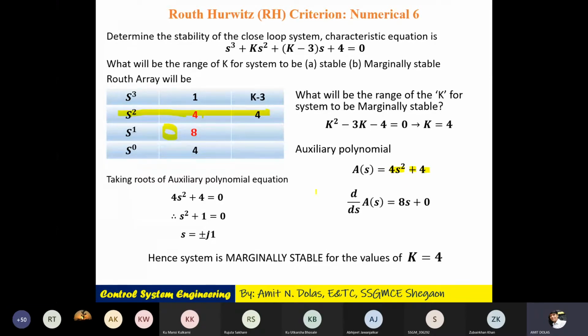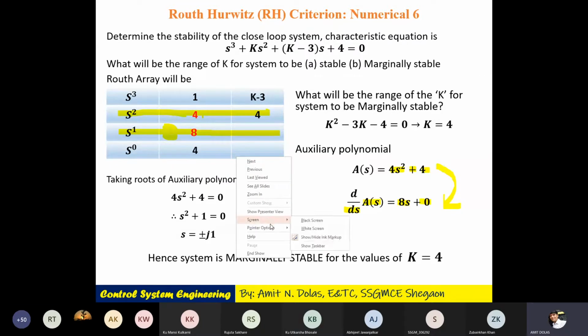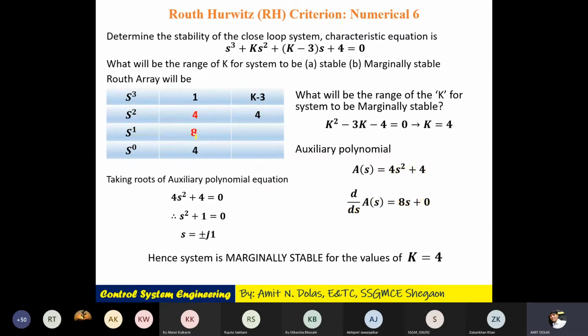And what is the next row? For that, we differentiate the auxiliary equation with respect to s. So d by ds of A(s) will be 8s plus 0, and that is how the 0 that came here, I replace it by 8 and 0.